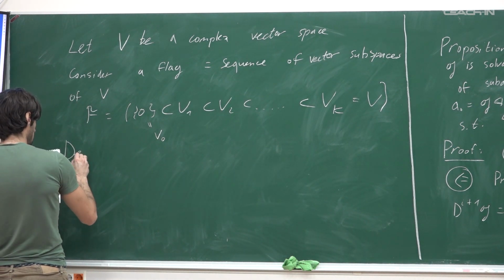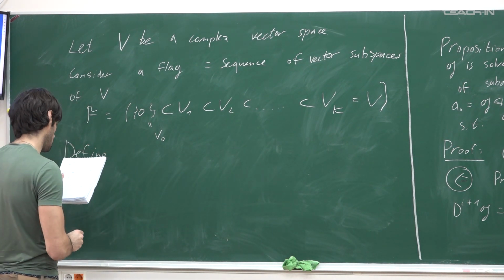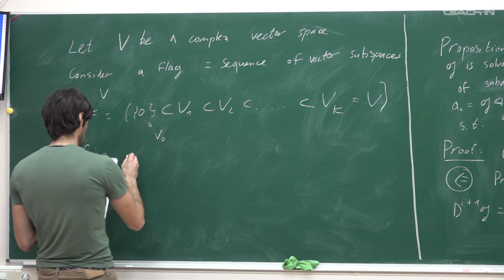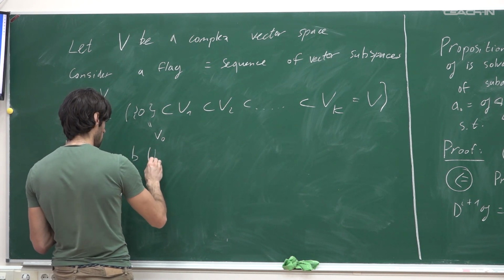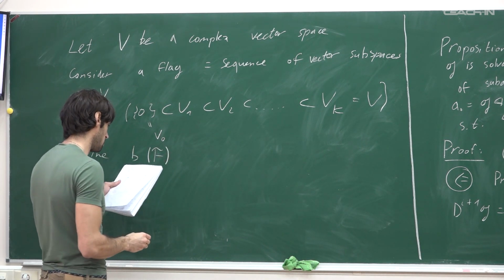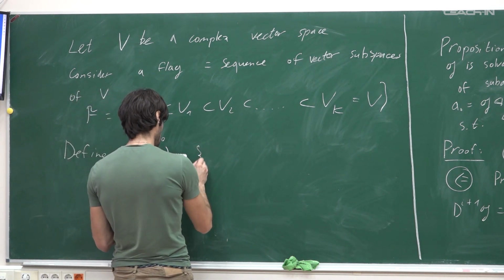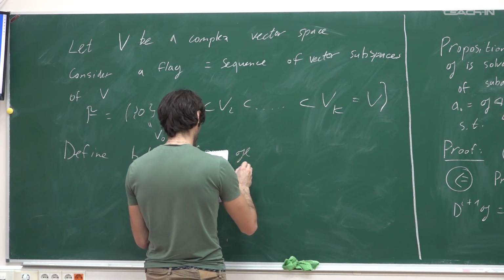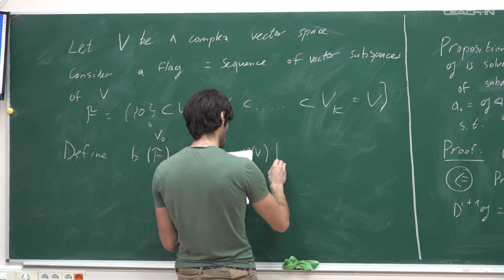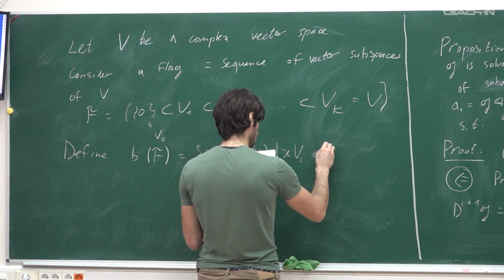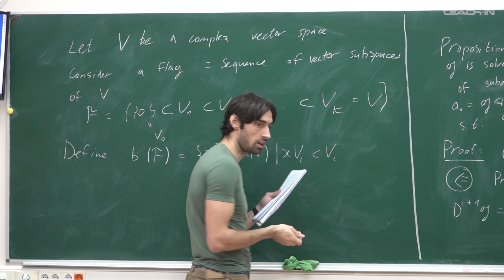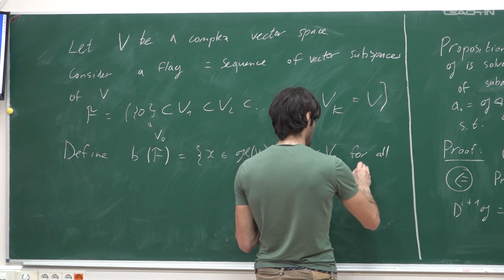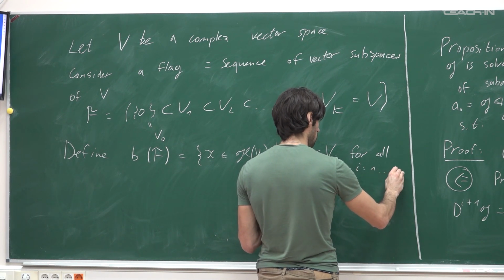And I define the Lie subalgebra inside gl(V) that depends on this flag as follows. It's just X in gl(V) such that X V_i is inside V_i for all i from 1 to k.